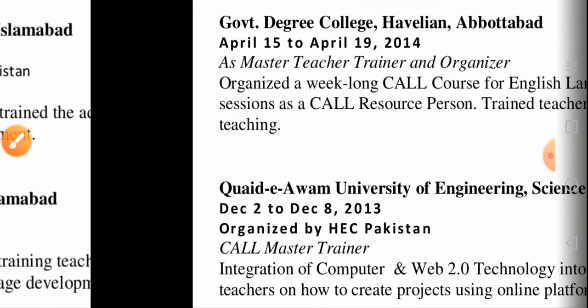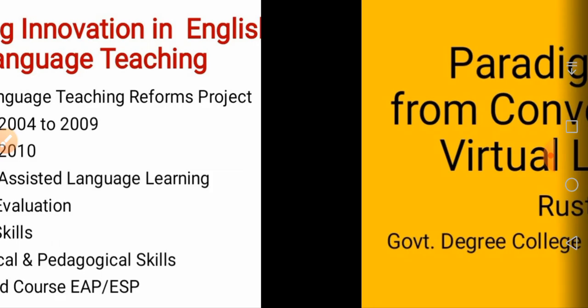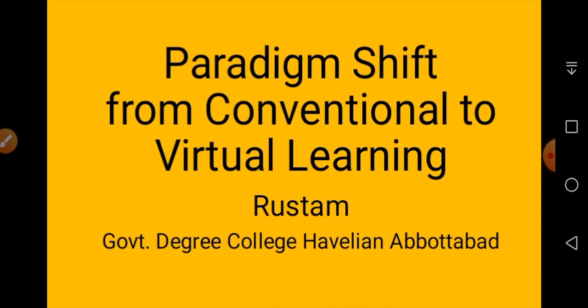Now, the purpose of this short video was that I wanted to make it public that now is the time that we have to be mentally prepared. Now the paradigm shift is just round the corner. We have a large population of students in Pakistan.